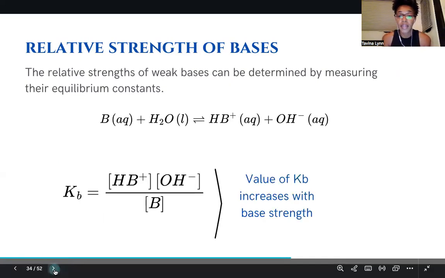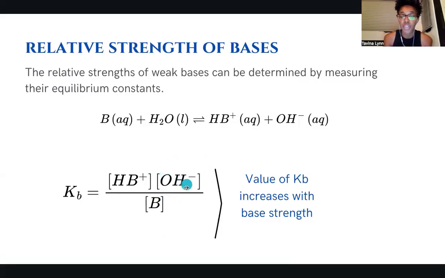And the value of Kb, just like with acids, will increase with base strength. As the strength of a base increases, we will have an increased concentration of hydroxide ions, and this will be reflected in a higher Kb value.